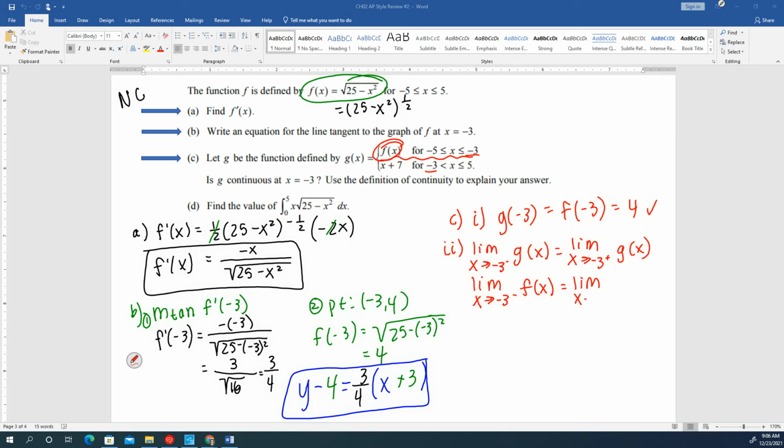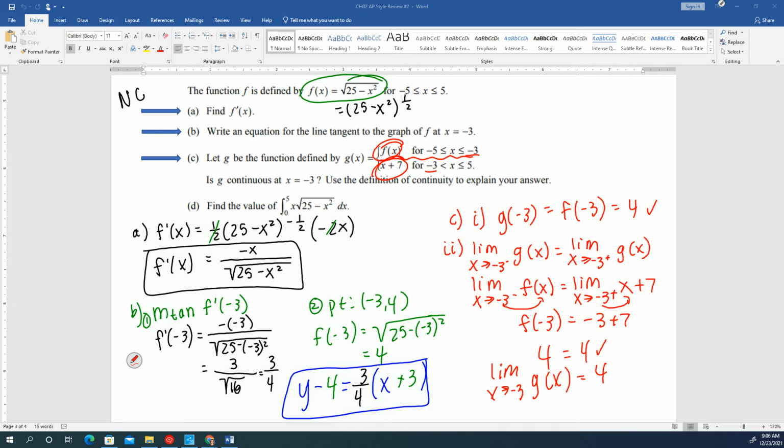And as x approaches -3 from the right, I would use this piece, x plus 7. So to find limits, we can just do that direct substitution. So this is the same as f of -3. This is the same as -3 plus 7. We already found this is 4. -3 plus 7, that's 4. So the limit as x approaches -3 of g of x is 4, since the left and the right equal the same thing.